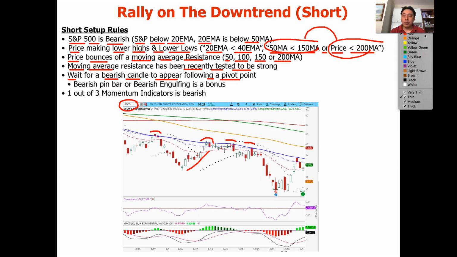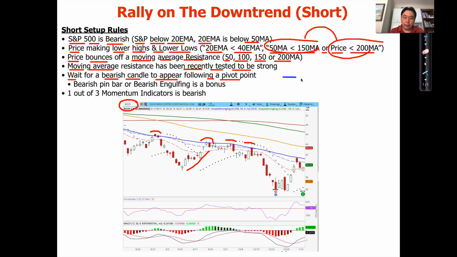So in other words, this could be the moving average like that. This is a 50, for example, and the price goes up, hits it, that's one test, comes down, and it's going up again. So again, as it goes up, you see a series of these candles.